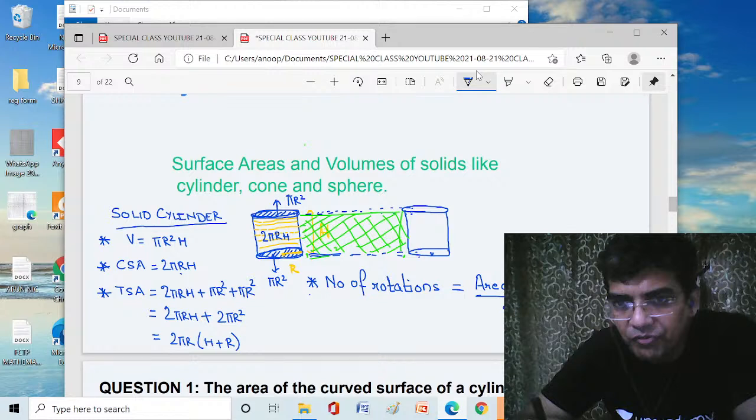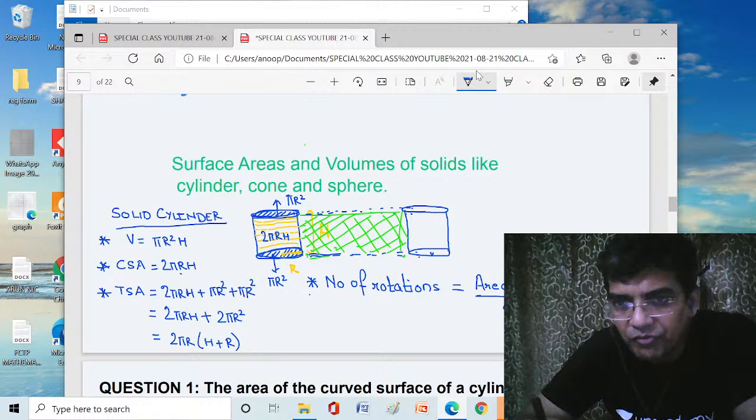Now in hollow cylinder we have three dimensions. Now what are those three dimensions? Now you see, this is the inner circle you are getting. So whatever will be the radius of this circle, that will be small r. So hollow cylinder has one internal radius, which we represent by small r.